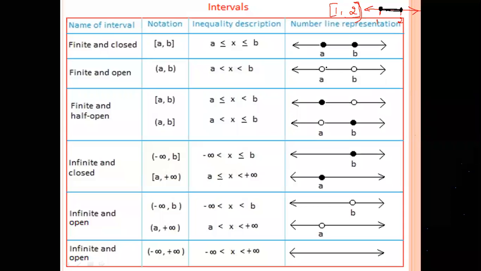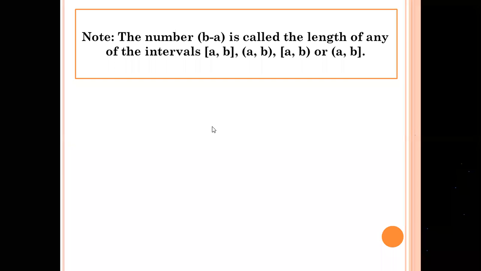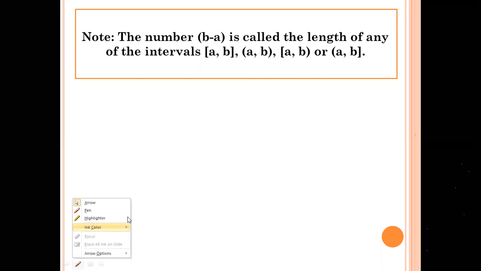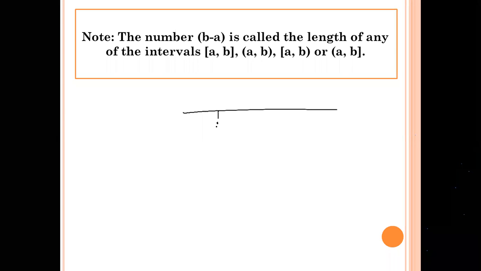I'll give certain examples. You have to tell me by looking at the number line which point is included and which point is not included. Okay, so here which point is included, students?